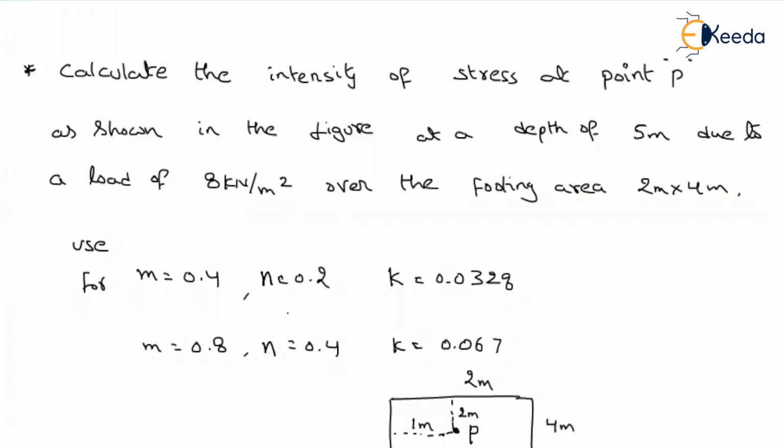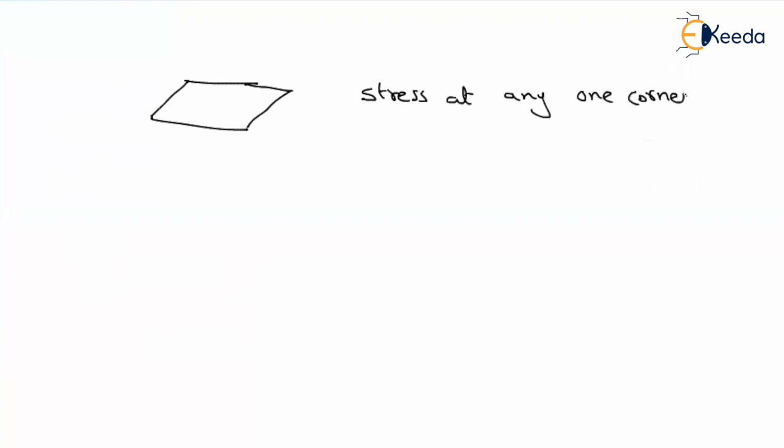So let us recall how to find stress for a rectangular loaded area. If there is a rectangular loaded area, then how do we find the stress at any one corner? If you remember from the last video, what is the equation?